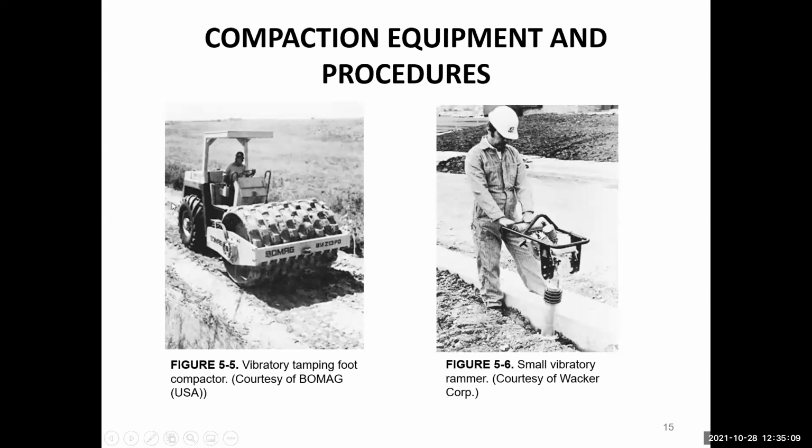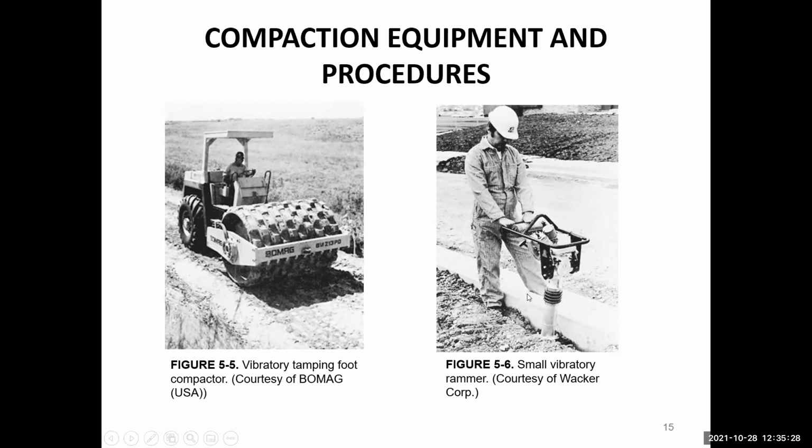So here we have a few more examples for the smaller scale roller. This is a relatively smaller scale roller, a vibratory tamping foot compactor. Another one, this is a small vibratory rammer.